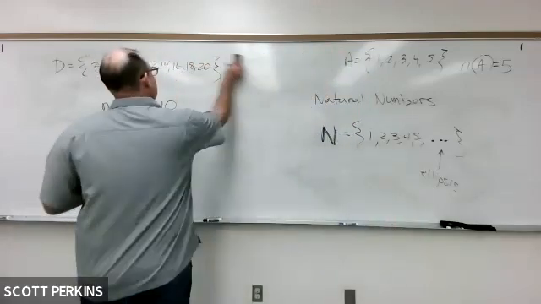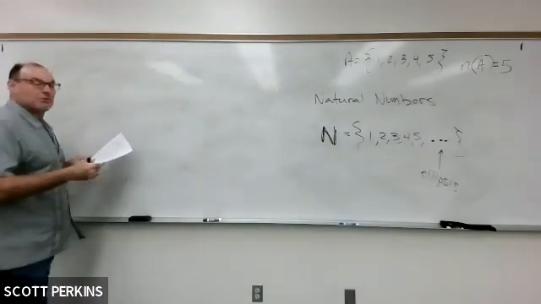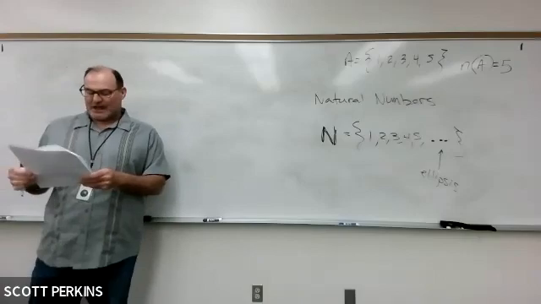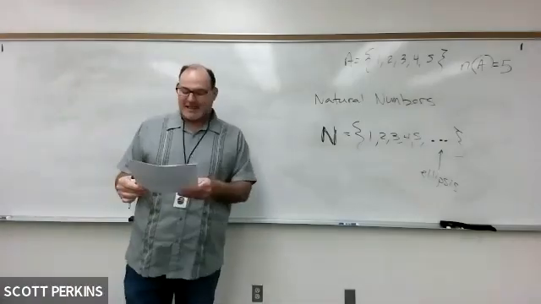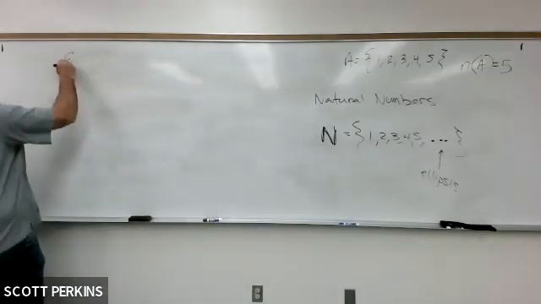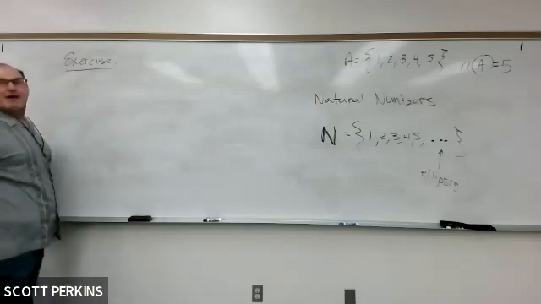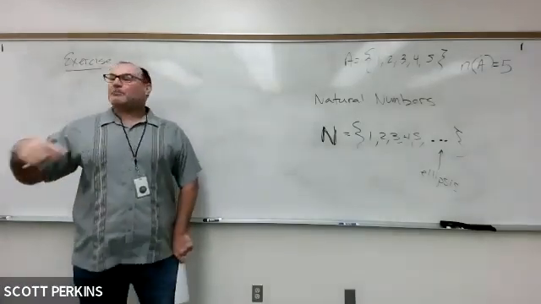So here's what I would like you to do. Or actually, I'm going to do this one with you. The next exercise says write the set of natural numbers less than 10 in roster form. I told you what roster form was earlier, but I've erased it.